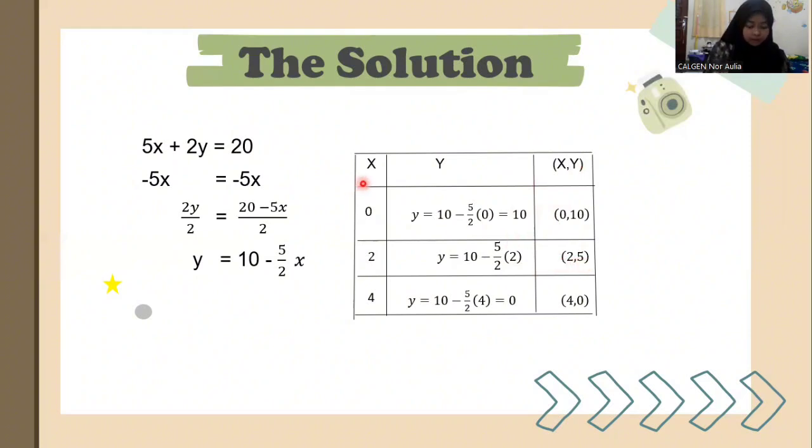And if we insert 4 for x, then we find that y is 0, so the point is 4, 0.